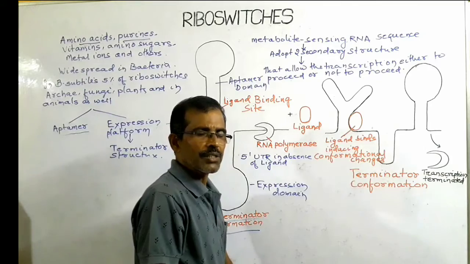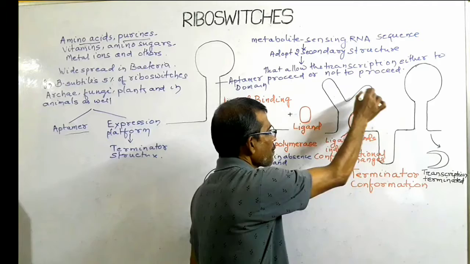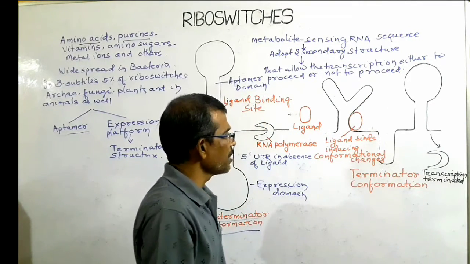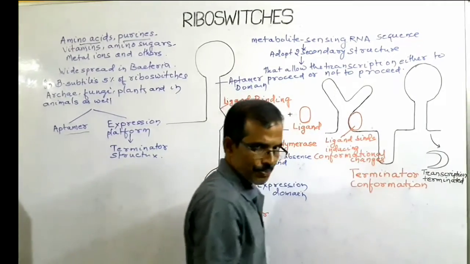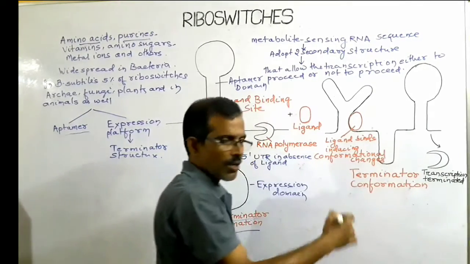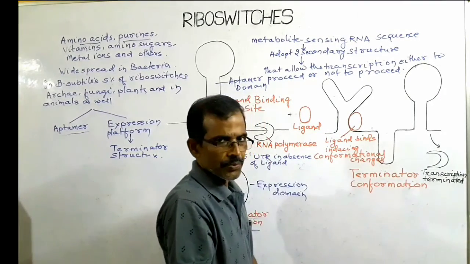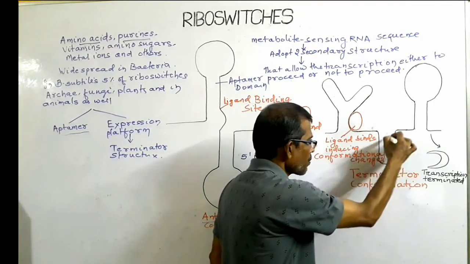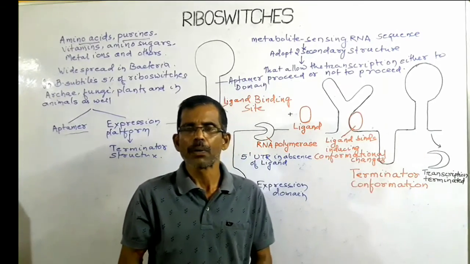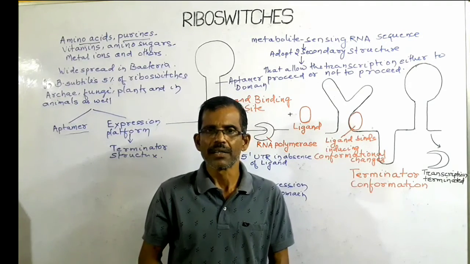After binding with specific ligand, there is a specific conformational change in the aptamer domain, which also induces another conformational change in the expression domain. The conformational change in the expression domain causes the formation of a terminator structure. The formation of this terminator structure effectively blocks the enzyme RNA polymerase and the transcription is prevented.